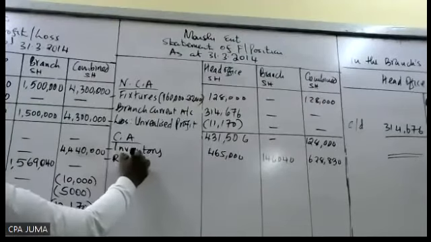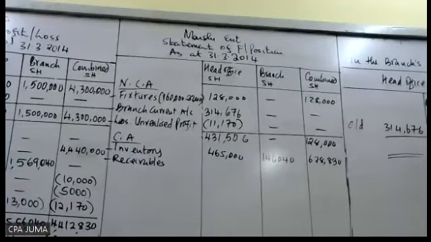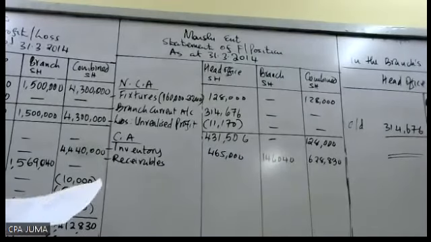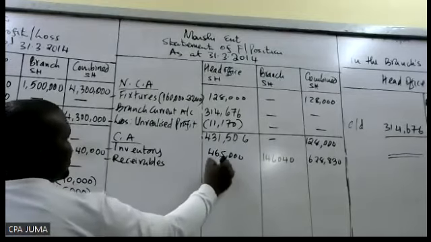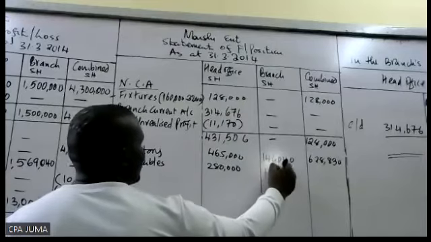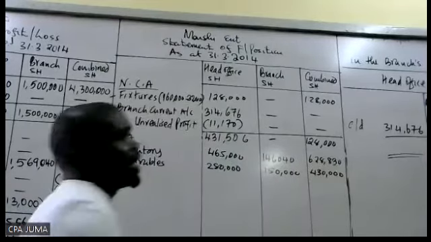Receivables. Let's check there. Receivables, are you seeing 280? 280 and 150, giving you 430.